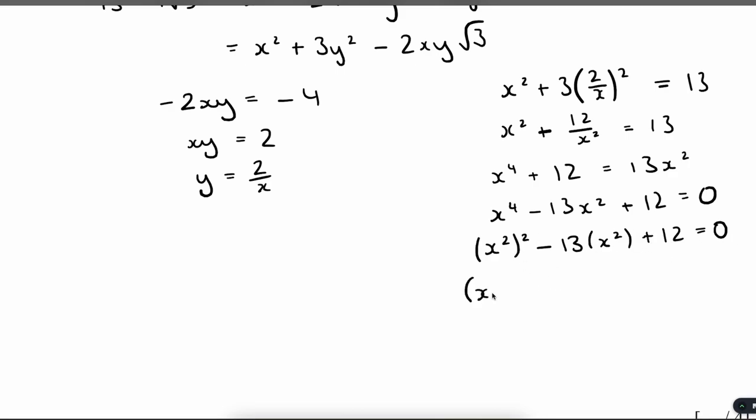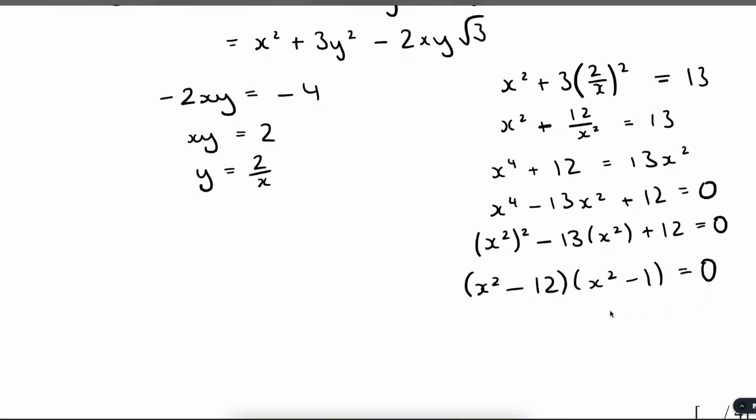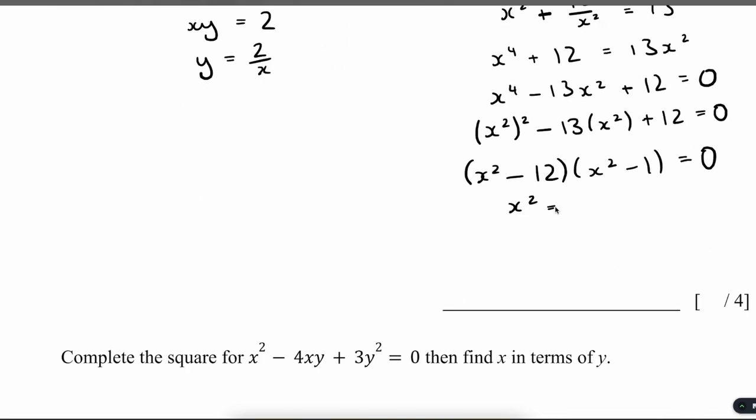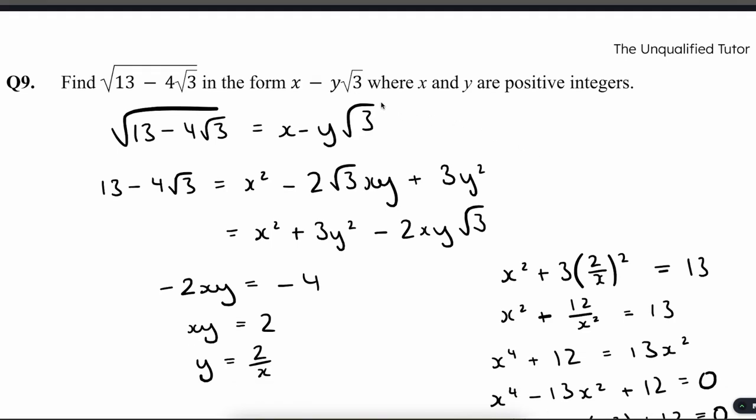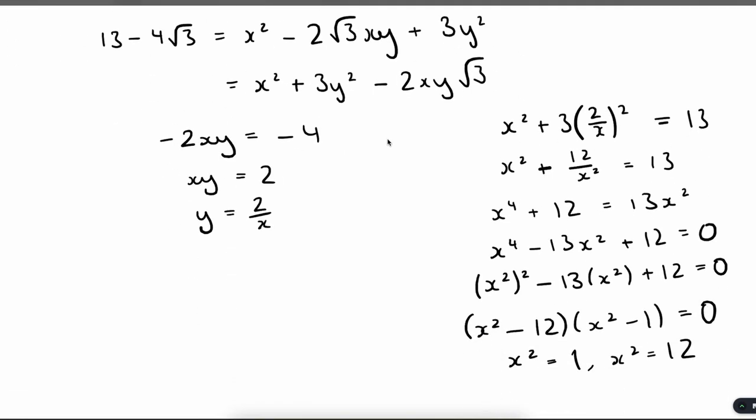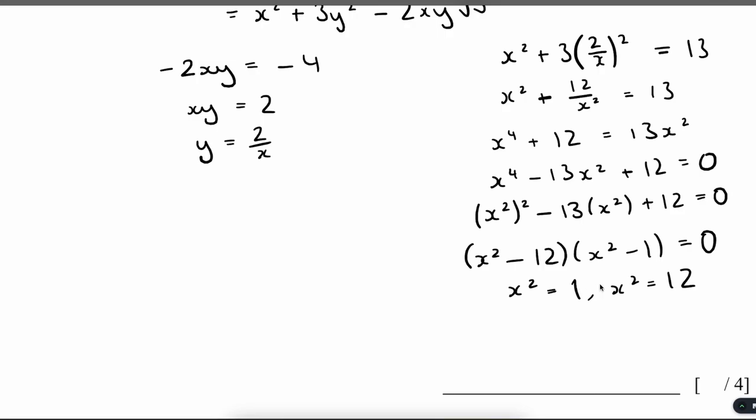So you get x squared minus 12 and x squared minus 1 equals 0. And that tells us that x squared is equal to 1 or x squared is equal to 12. Now, we need to find x and y. x and y are positive integers, so it's not going to be the negative values.